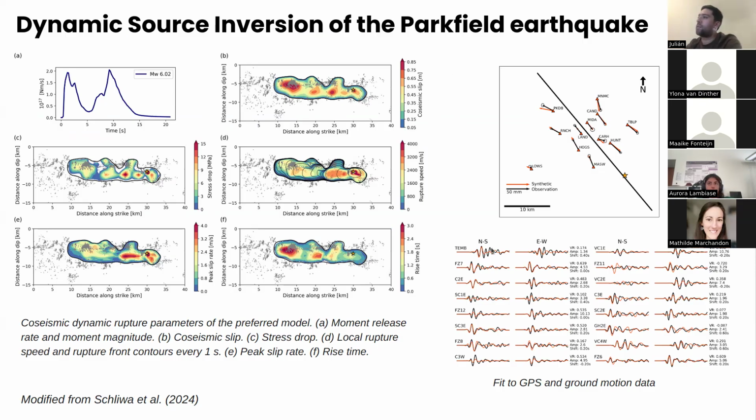And here you have the fit of the dynamic rupture inversion synthetics to the data, so to the GPS and the ground motion data. What is interesting is that even for such a moderate earthquake, the results show a lot of heterogeneity, and we have a lot of variation in the dynamic and kinematic parameters.